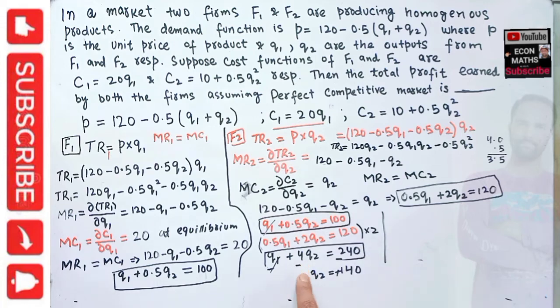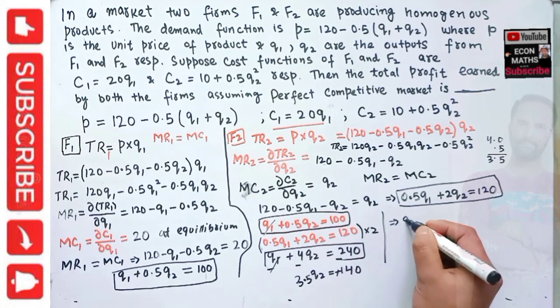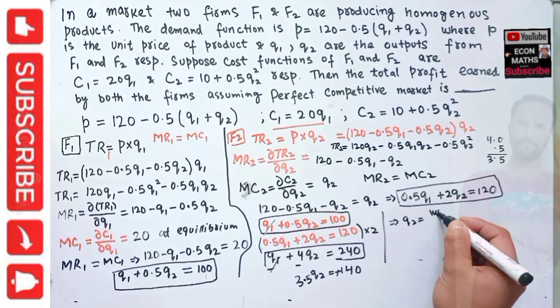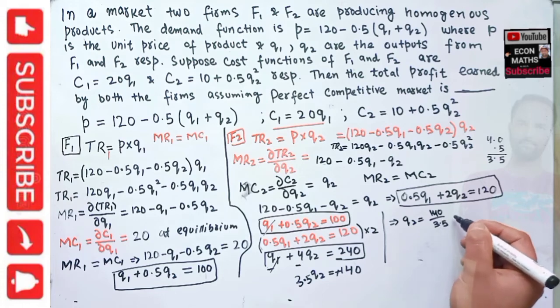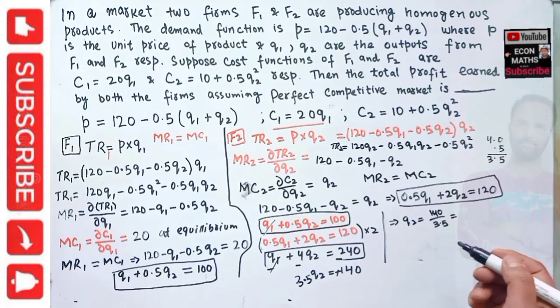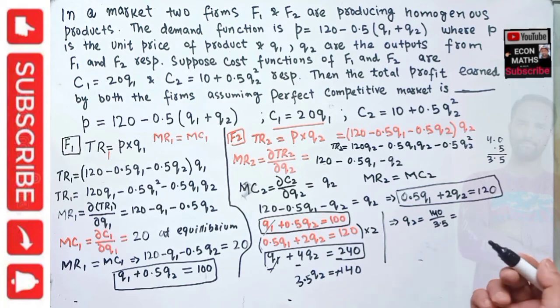I am really sorry for these small mistakes here. So 3.5 actually, which implies Q2 will be equal to 140 upon 3.5.